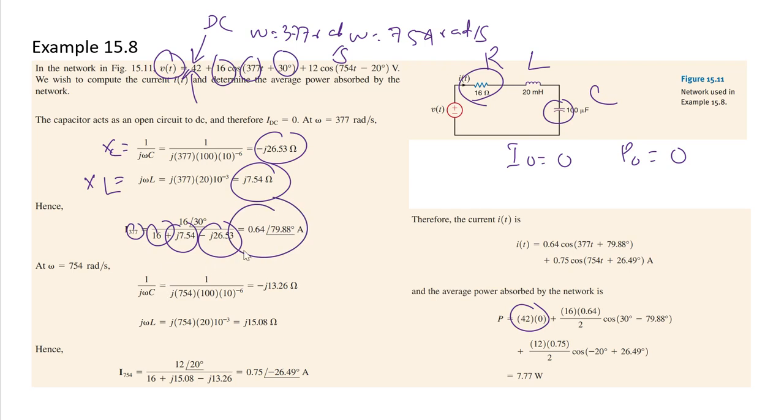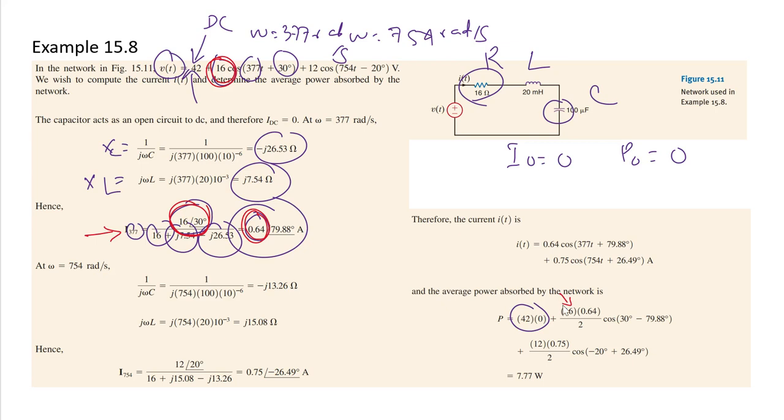If we multiply this I with this voltage, we will get the power dissipated at 377 radians per second frequency.